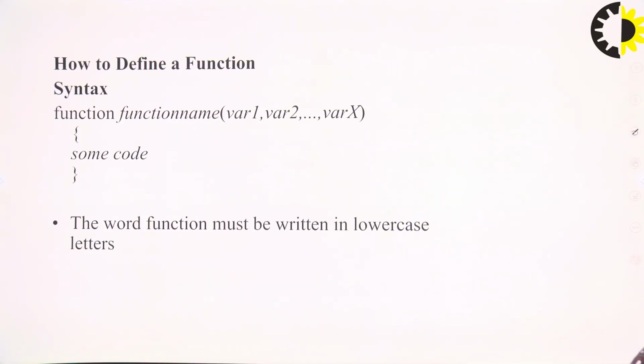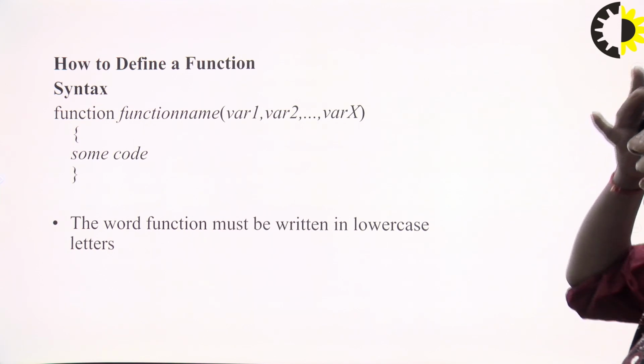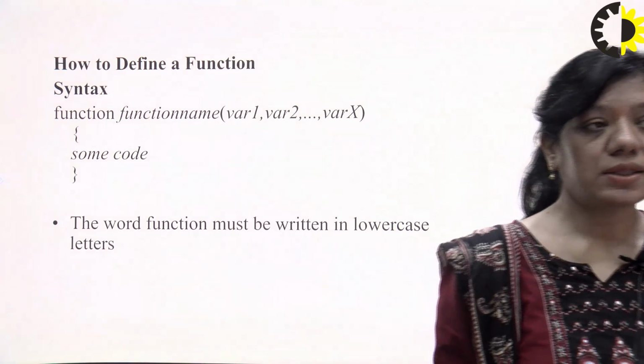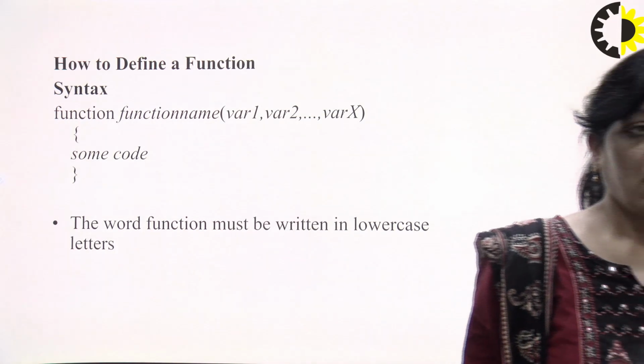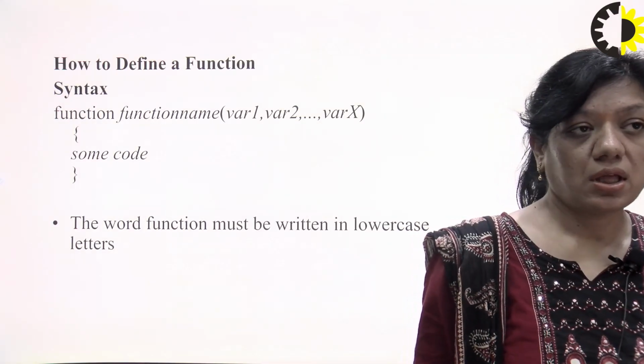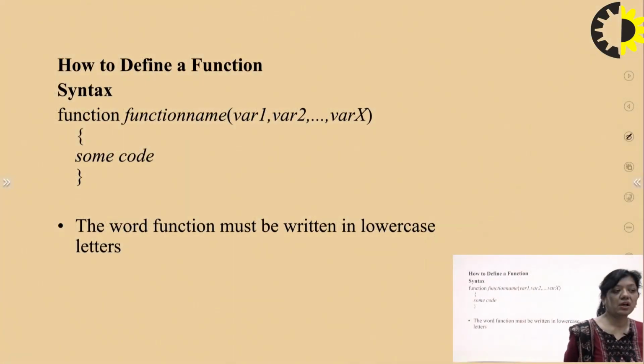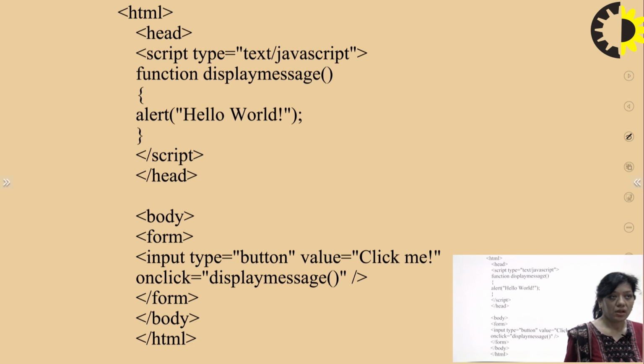In the parentheses we can pass parameters, and the parameters which we pass are known as actual parameters. In the braces we can write any kind of code depending on our requirement. The word function must be written in lowercase letters.